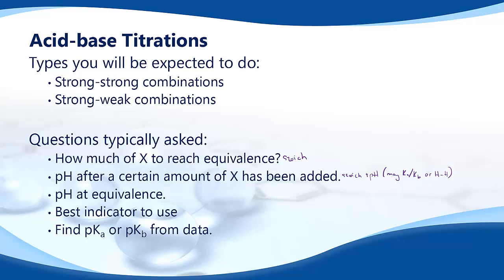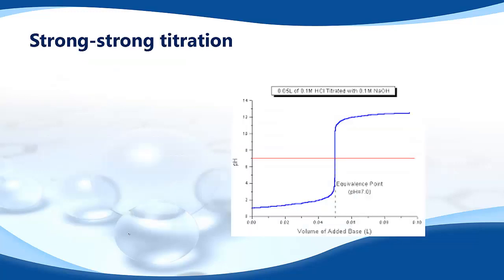Right, so we'll start off with the basic combination, which is the strong acid, strong base. What you see on the right is what's called a titration curve. The titration curve is the pH of the solution after a certain amount of something has been added. In this case, we're starting off with HCl in our flask, and we're adding NaOH from the burette.